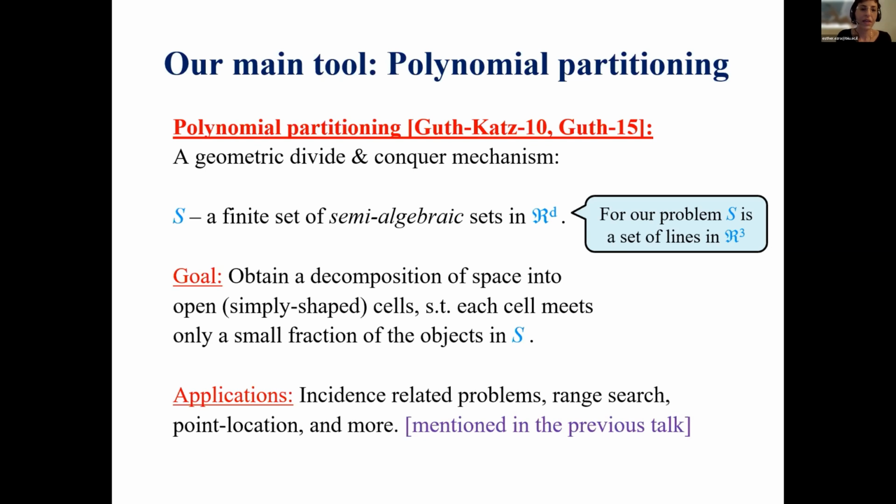And the input is a finite set of semi-algebraic sets in D space. In our case, S is just a set of lines in 3 space. And the goal is to obtain the decomposition of space into open simply shaped cells, such that each cell meets only a small fraction of the objects, and therefore this is a divide and conquer mechanism.